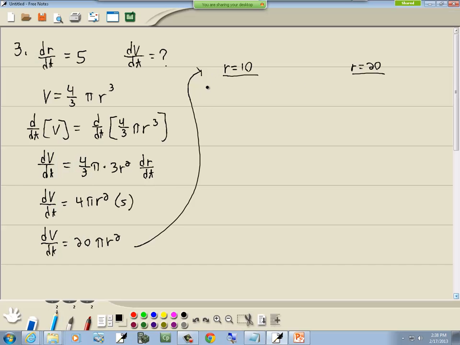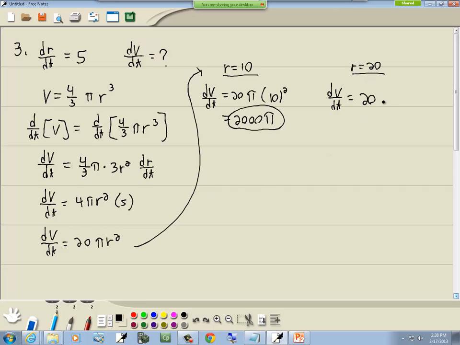So let's put 10 in for r. So we've got dV dt is equal to 20 pi times r squared, so times 10 squared. That gives us 100. 100 times 20 gives us 2,000 pi. Now in this one, we'll go back to our formula, and we'll plug in 20 for r.